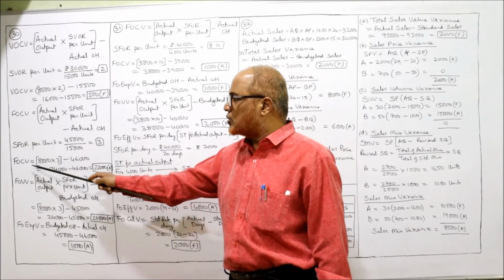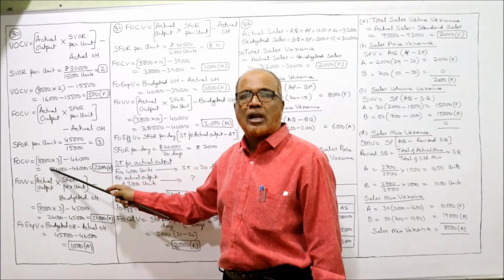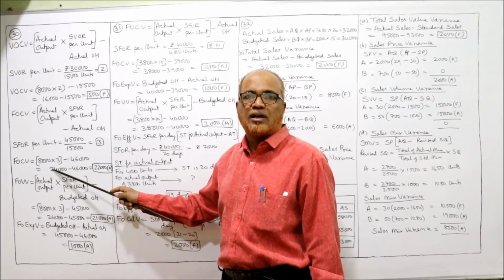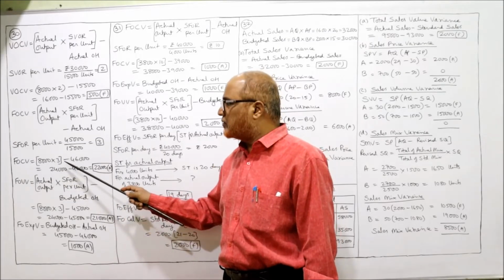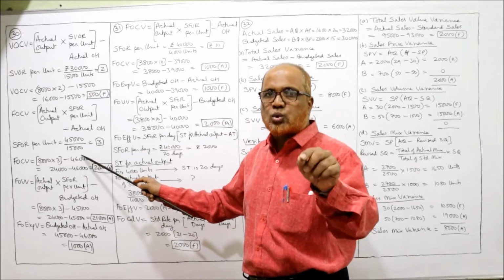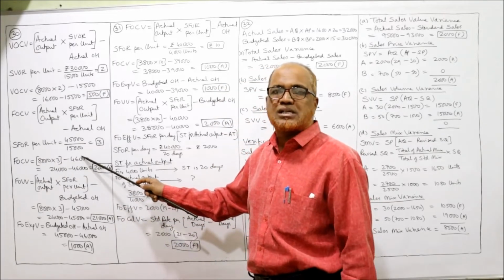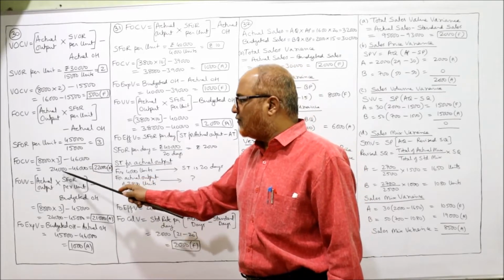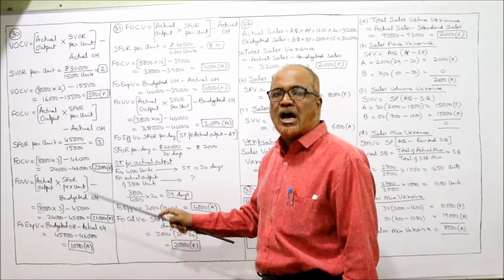Substitute. FOCV is equal to actual output 8,000 units into SFOR 3 rupees, so 8,000 into 3 is 24,000, minus actual fixed overheads 46,000. So 24 minus 46, 22,000 adverse.